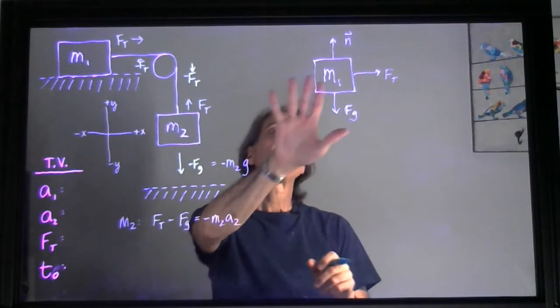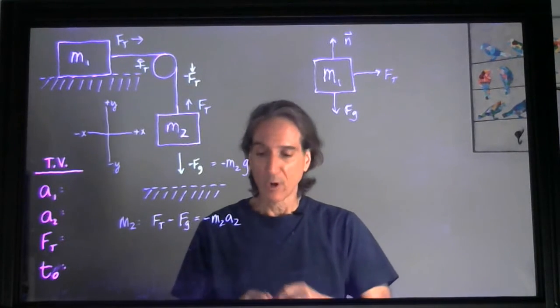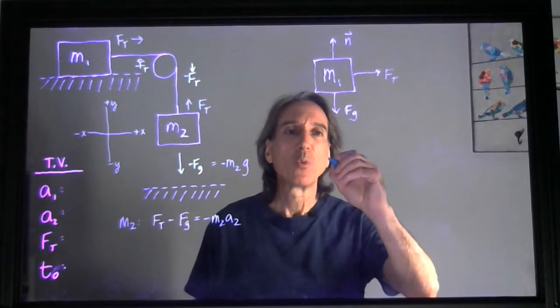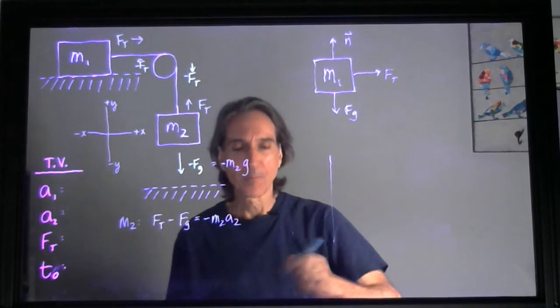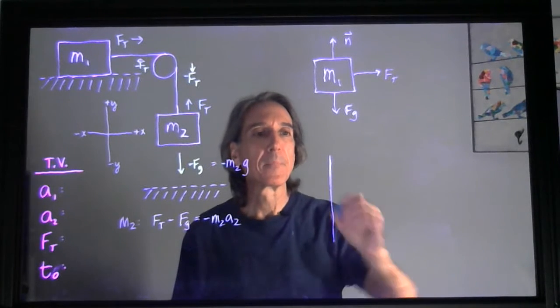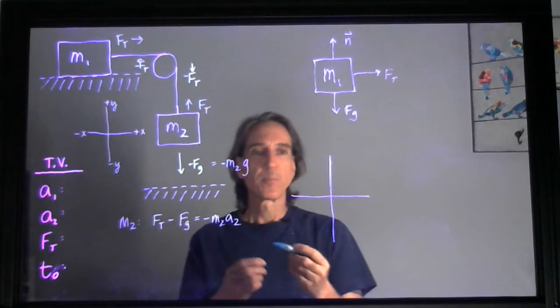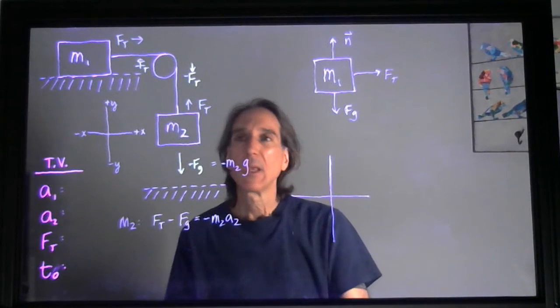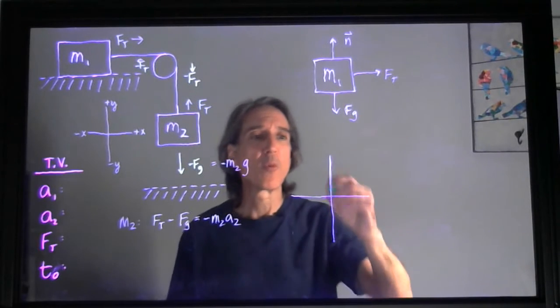Now we're going to use this information to create a free body diagram and some forces in the same way that we did before. So once again, we will draw our coordinate axis. Let's make that a little darker. And we have to include the gravitational force and the normal force in this diagram.